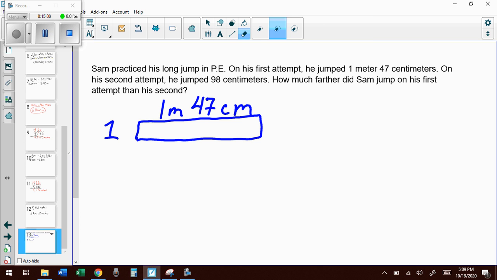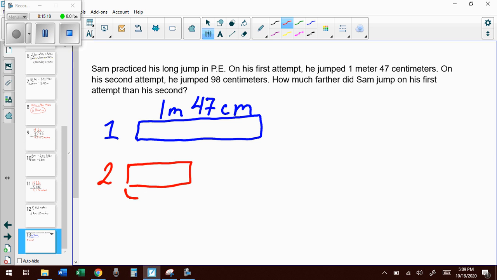Did you ever get bored using the same color all the time? On his second attempt, he jumped 98 centimeters. How much farther did Sam jump on his first attempt than his second? So we don't know right here.